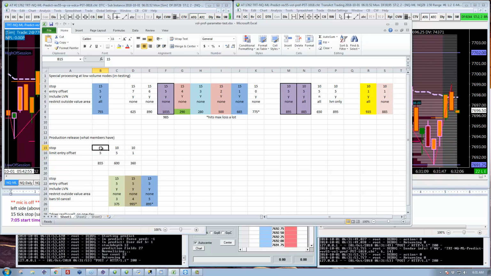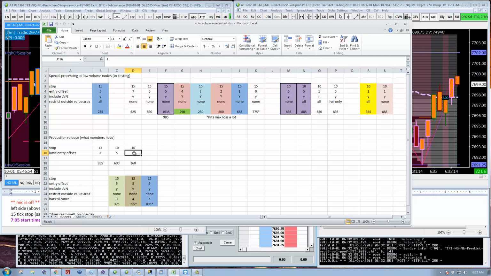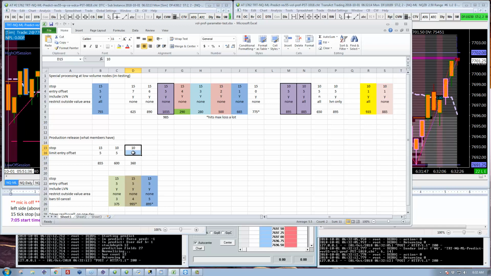So if I ran last week with 15.5, that was my result. 10.5, that was my result, and 10.1, that was my result. And it's this case here that had me searching for a different answer.